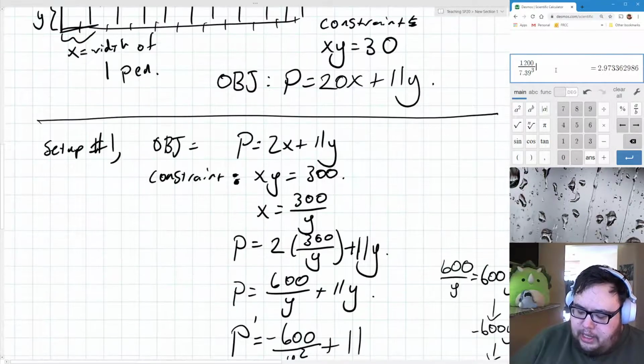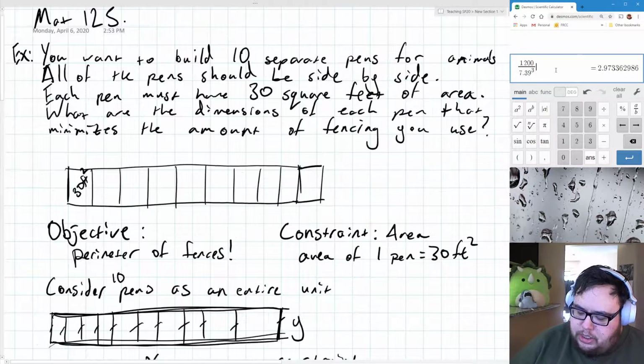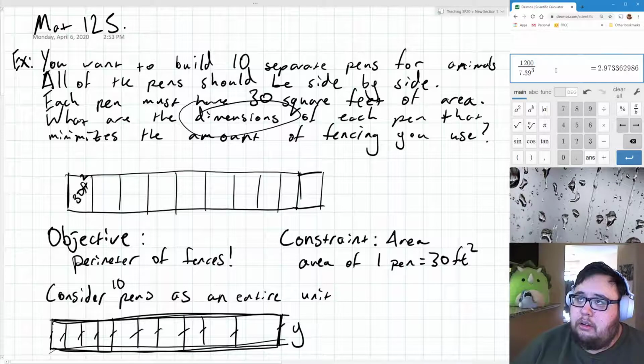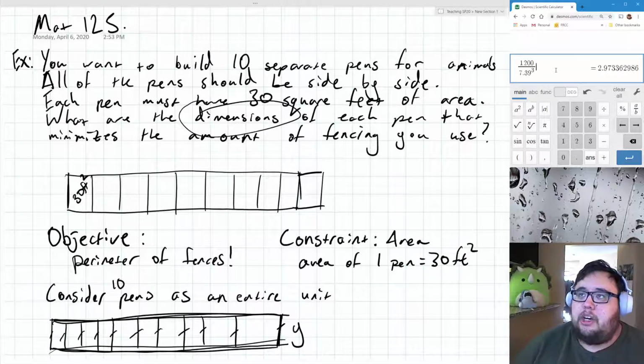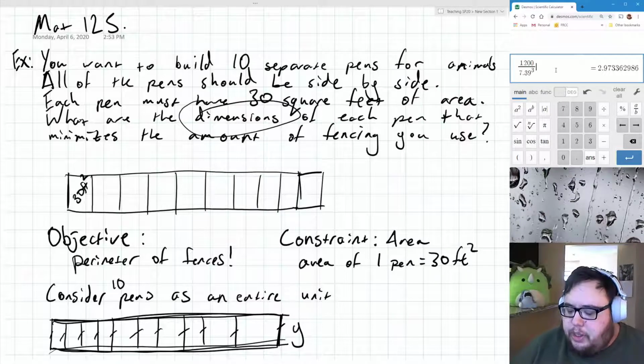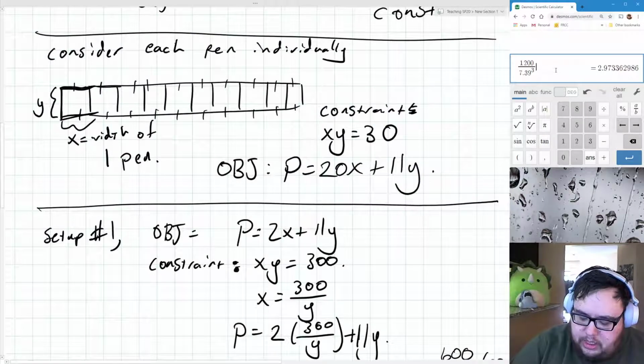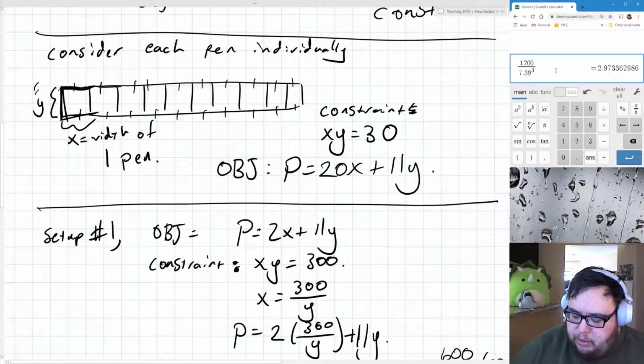So the last thing we need to do for this question is check what we were being asked, which was the dimensions of each pen. We need to go back, find that, and give our answer, right? We know the y coordinate of each pen, right? We know that y, this distance here, is going to end up being 7.39.